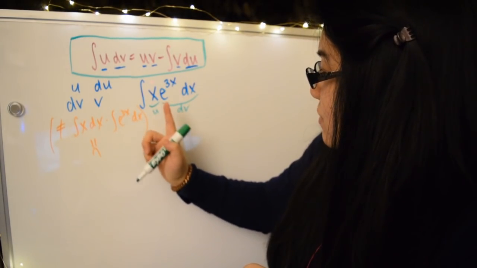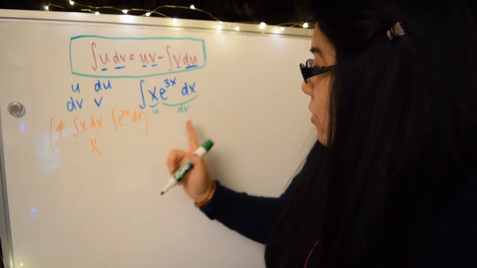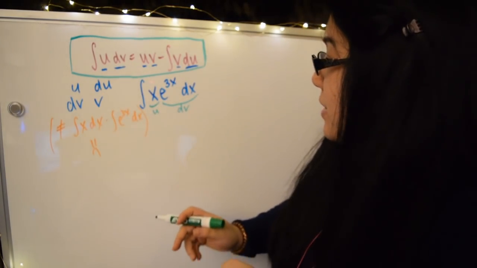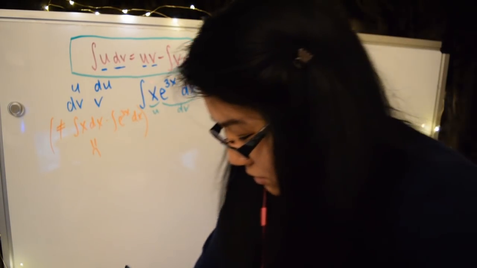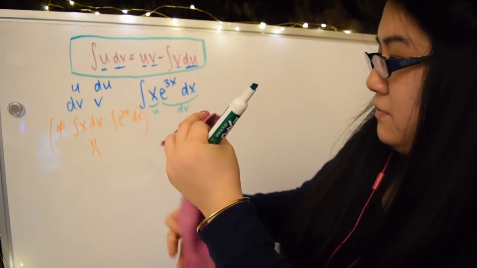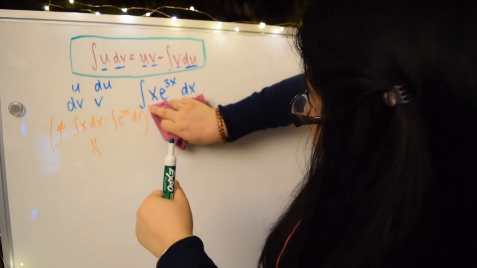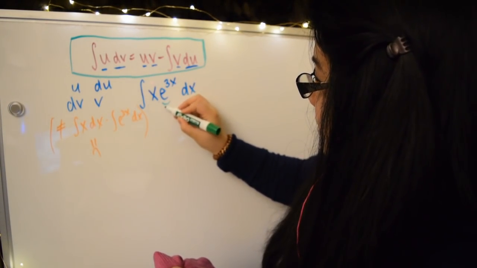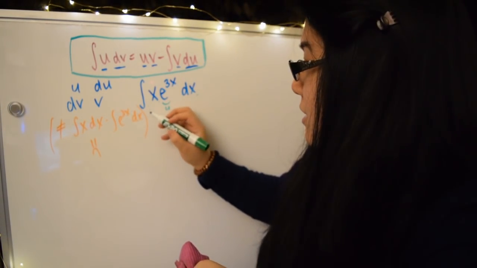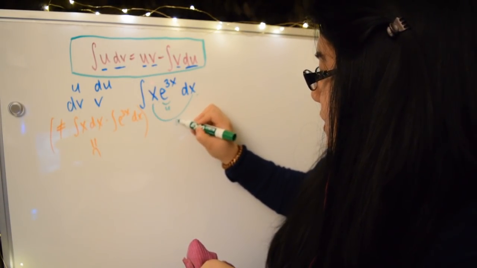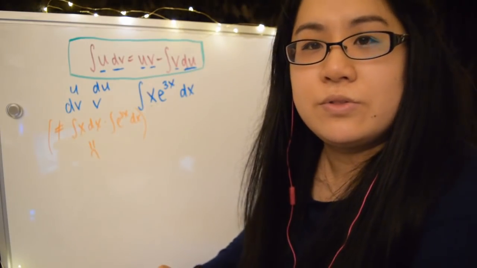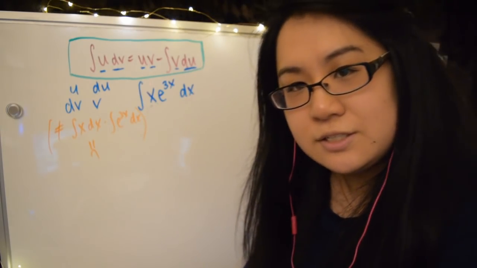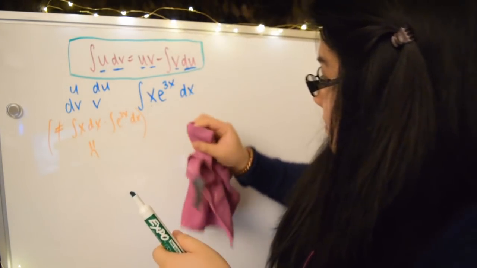I can choose to make this whole thing look like u dv, but I could also choose u is e to the 3x, and then x dx could be dv. So there is a little bit of creativity involved here, okay?